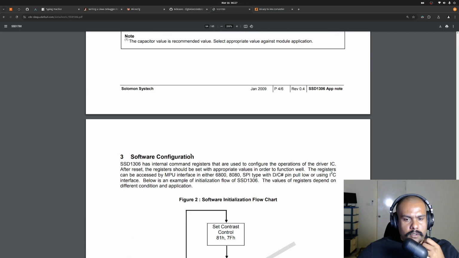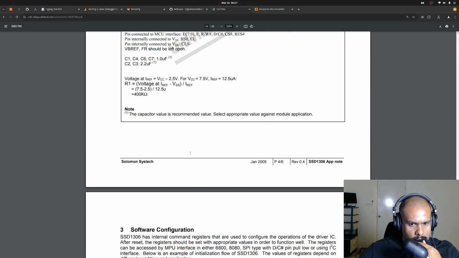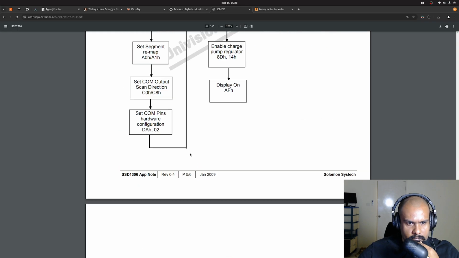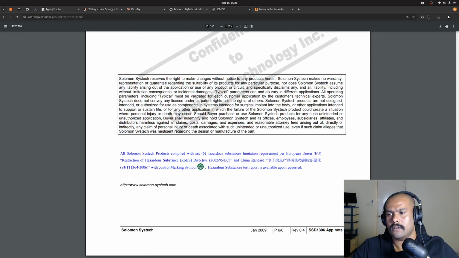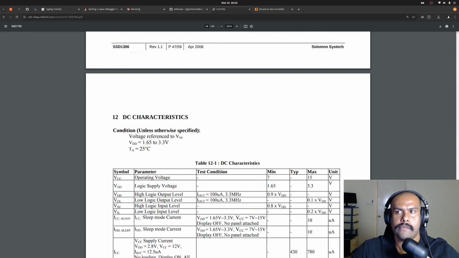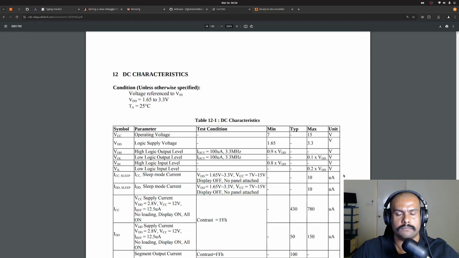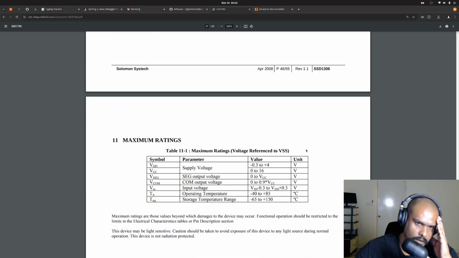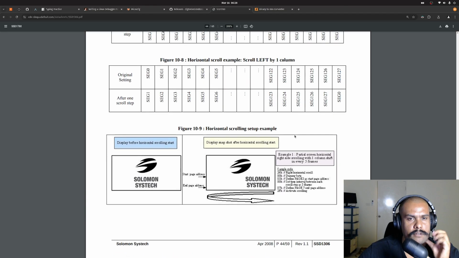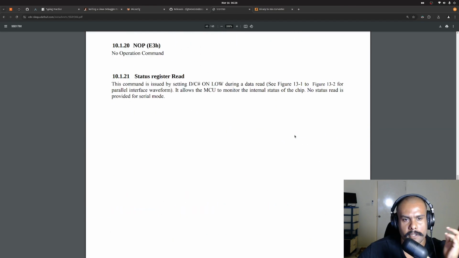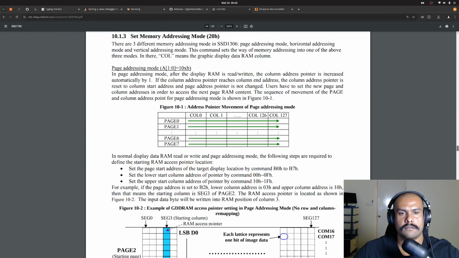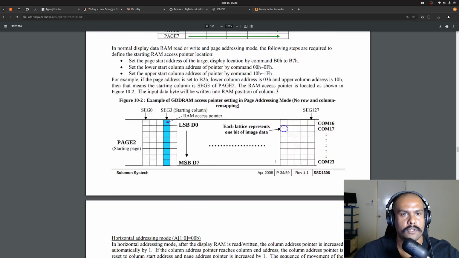Charge pump. No. Software configuration. No. No. No. No. So I still don't know how to initialize the display. Or maybe I've seen it, but I just don't get it.